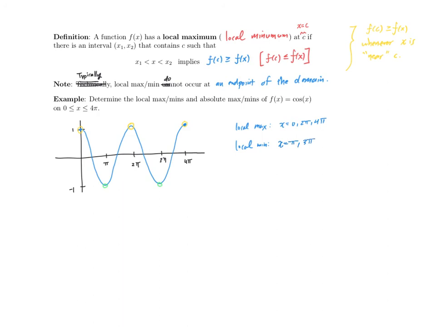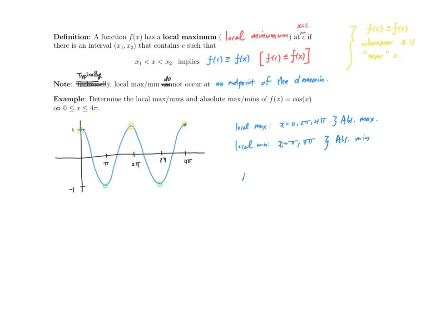And if we just think about the behavior of cosine, it's always oscillating between plus and minus 1. The largest it can be is 1, the smallest it can be is minus 1. So it turns out that all of these local maxes are also going to be the absolute maxes, and the local minimums are all absolute minimums.